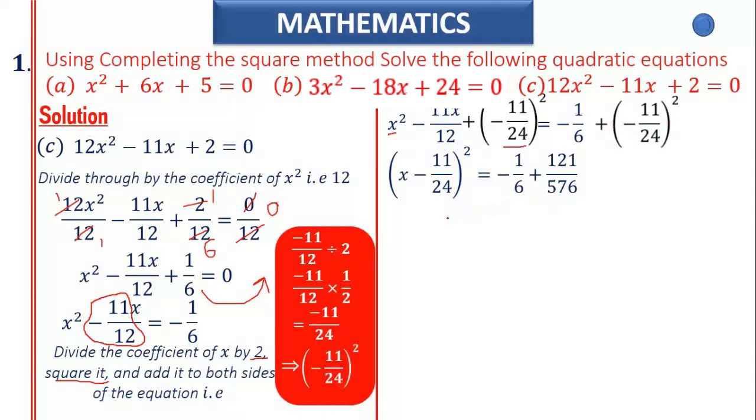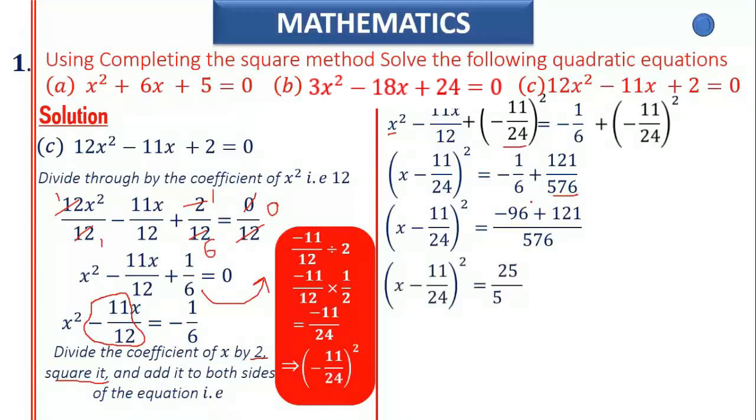From what we have here, let's simplify our right hand side. We take this as our LCM, as 6 can also go into 576. From there, we can reduce this to this. At this stage, we know the next thing to do is to find the square root of both sides of the equation.